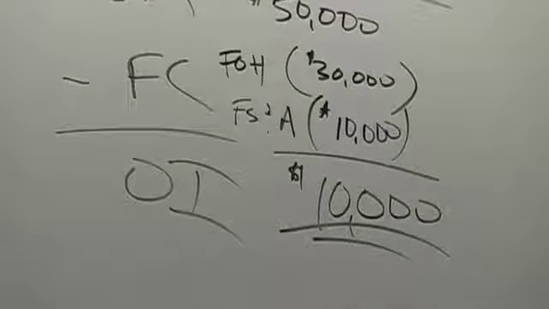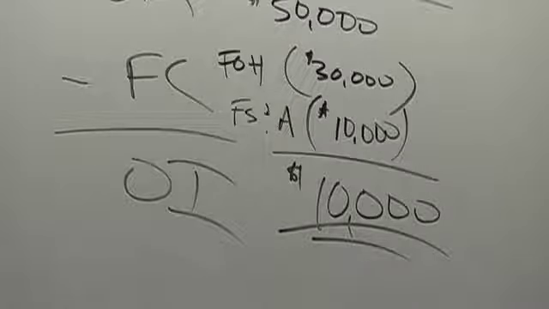Why is fixed overhead 30,000? It should be 25,000 if we're calculating it based off units sold. Yeah, but fixed overhead is a fixed cost. But we broke it down into units. But how many did you sell? We sold 5,000 units. We made 6,000, so we broke it down into the costs for each of those.